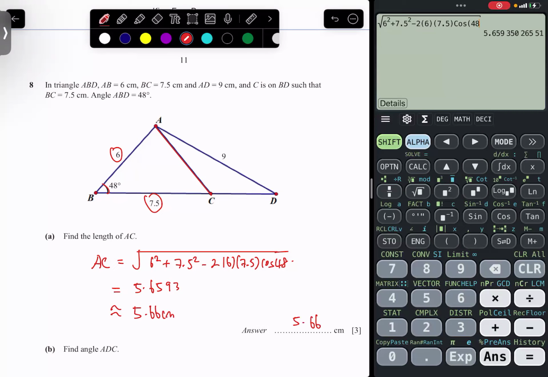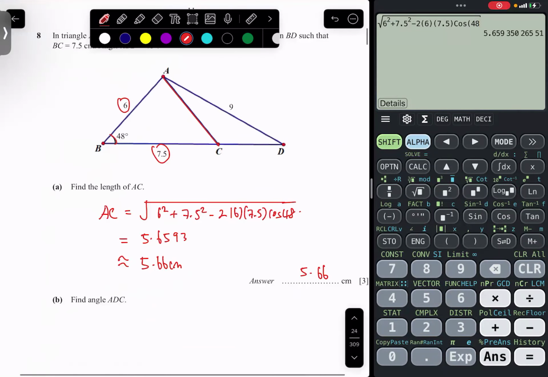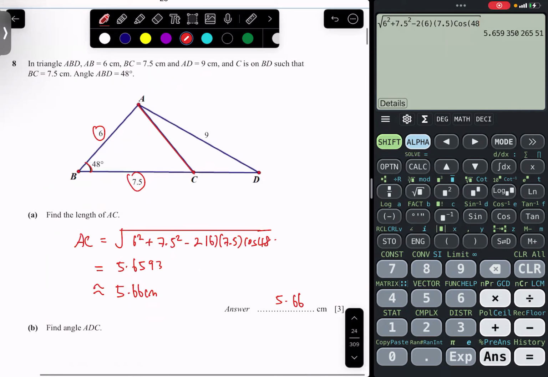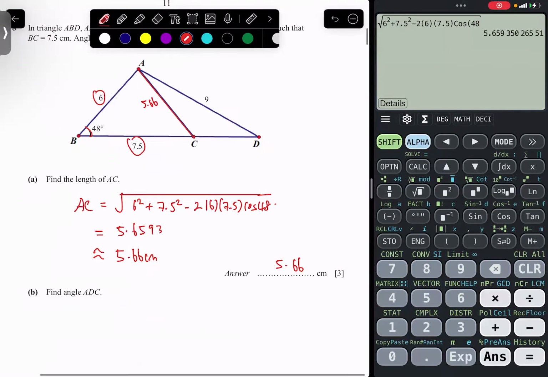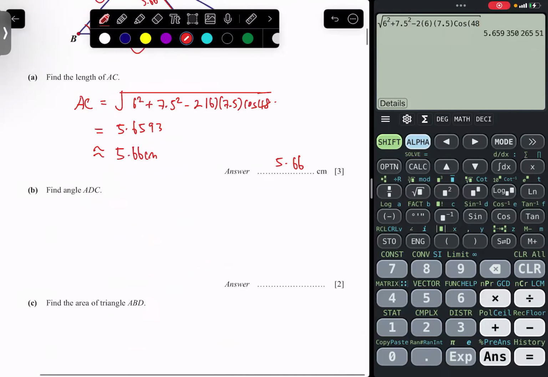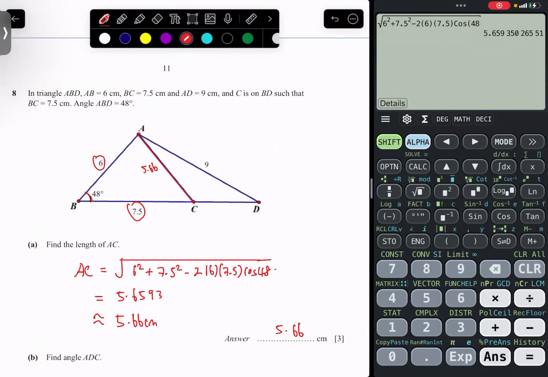Okay, fine. Now that we know AC is 5.66, we have extra information. So in order to find angle ADC, you have to change your perspective.